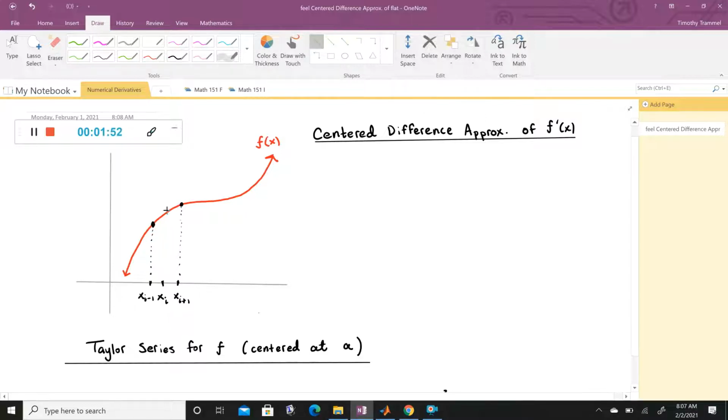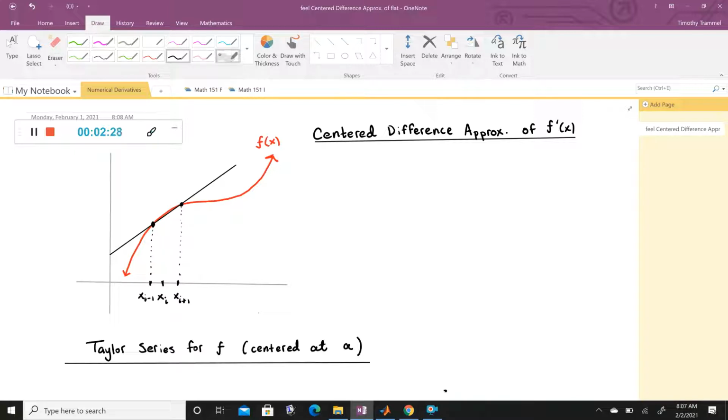And this will be our approximation for the derivative. There we go. We'll find the slope of that line.